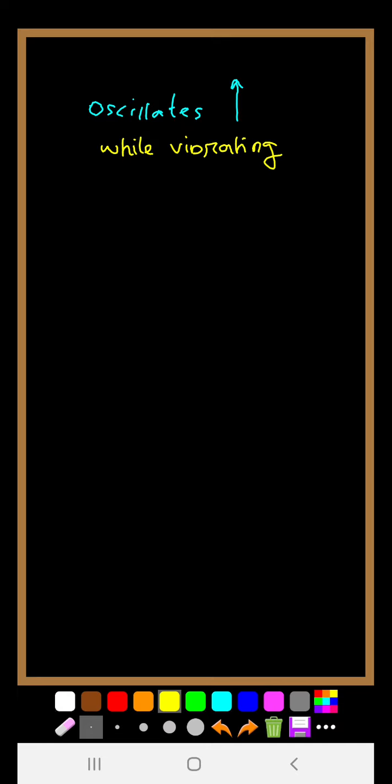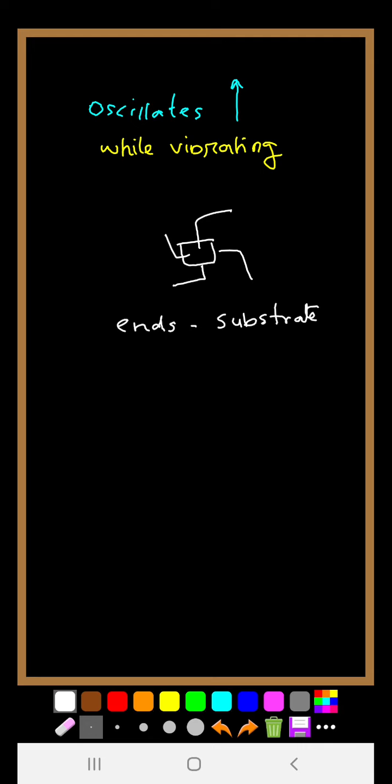And the four ends, as we have previously told, this one, this one, this one, and this one, are fixed to the substrate on which this device is mounted, that is the silicon substrate. So this is the geometry of the resonator.